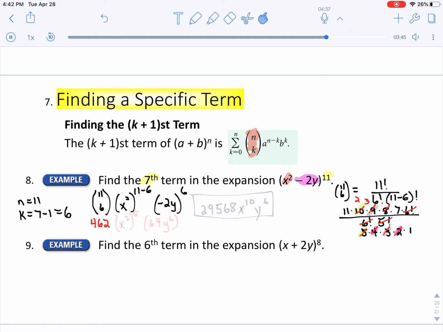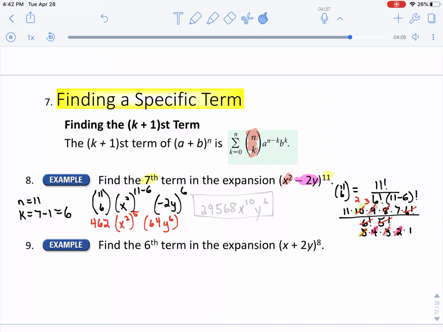I'll put that right there. Then we've got x squared to the 11 minus 6 power, which is 5, times negative 2y to the 6th power. Negative 2 to the 6th power ends up being a positive 64, and then y to the 6th power.